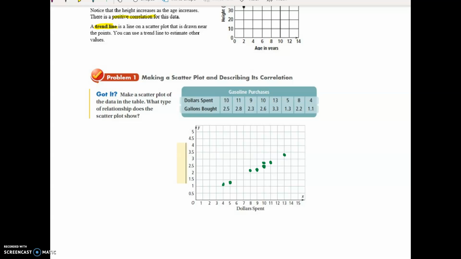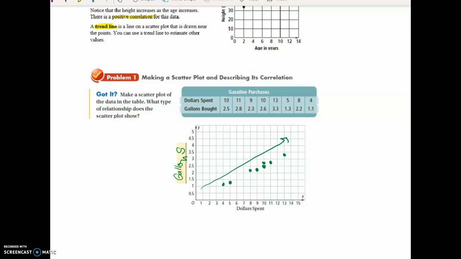So as you can see, after you've estimated where those points go, we have made a scatter plot, and I should say here this was gallons bought. We want to know what type of relationship this scatter plot shows. Well, in general, the data seems to be increasing over time.